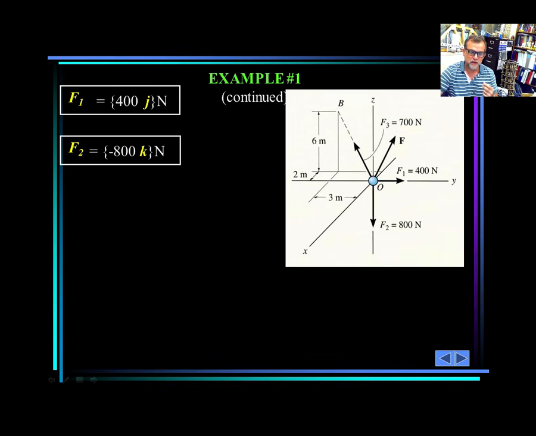Remember, the unit vector gives you the direction, and the magnitude is provided here. That allows you to express F3 in Cartesian notation. Let's do that. Force 3 is the magnitude multiplied by the unit vector. How do you calculate the unit vector? The position vector divided by the magnitude of the position vector.